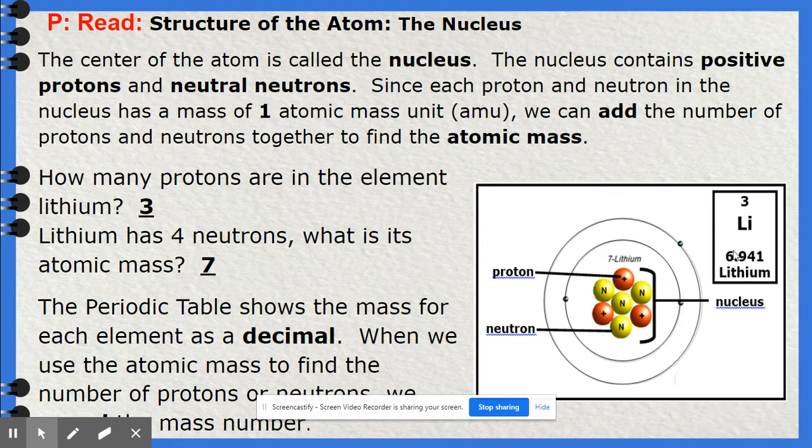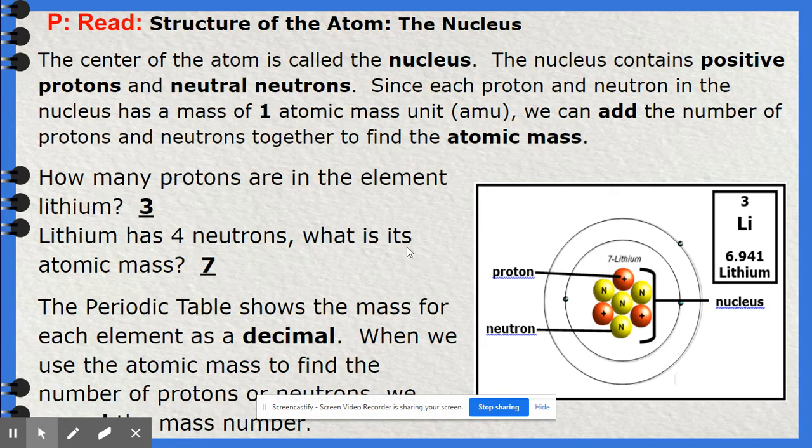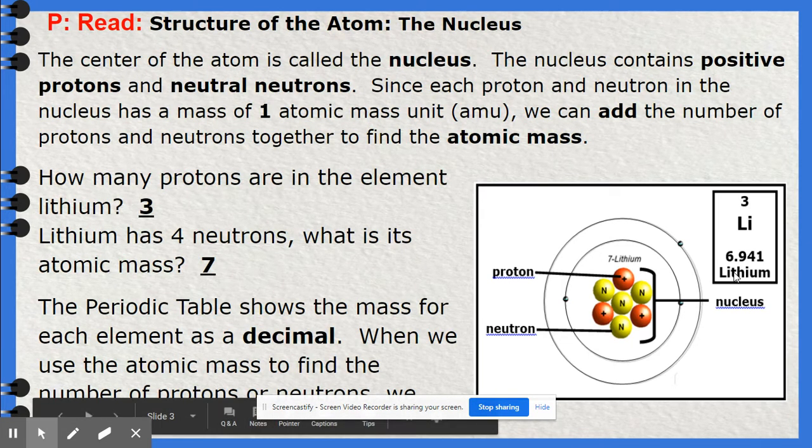When we have the mass number, we can subtract the atomic number, the number of protons, to find the neutrons. So 7 subtract 3 would give us 4 neutrons. The periodic table shows the mass of each element as a decimal. When we use the atomic mass to find the number of protons and neutrons, we would round that mass number.